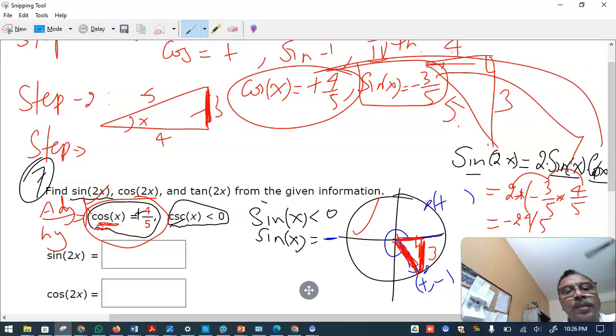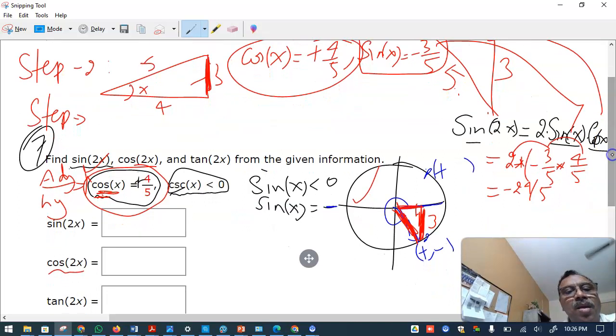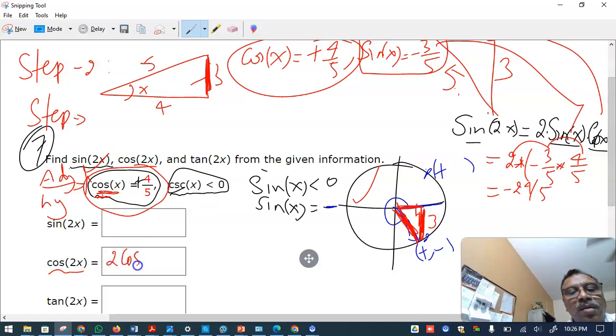Next question, what is cosine 2x? For cosine 2x, the best is to use 2 cosine squared x minus 1. Of course, there are 4 formulas, but you can use this one. So that becomes 2 times cosine x, but you have to multiply it by itself, so 16 over 25.